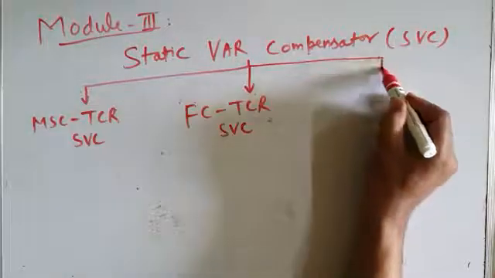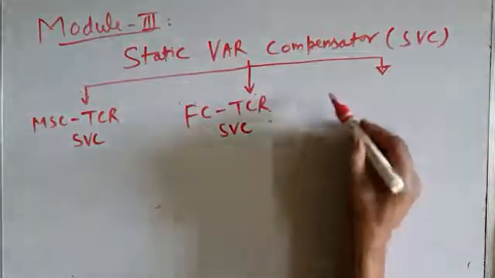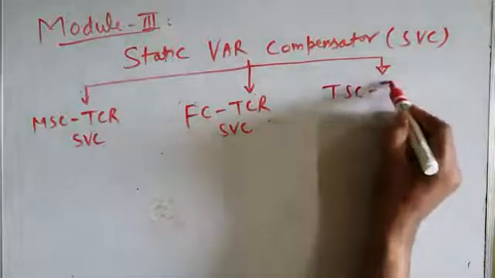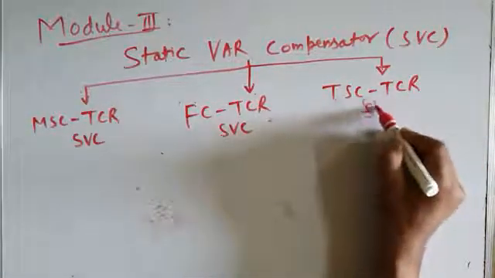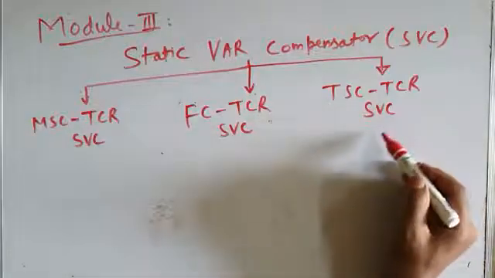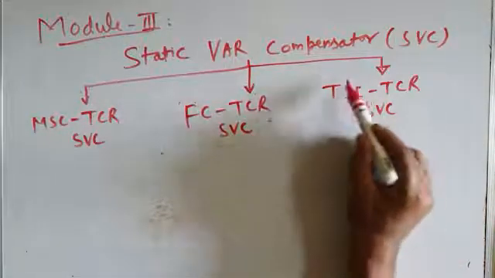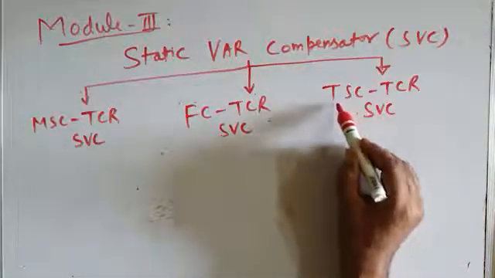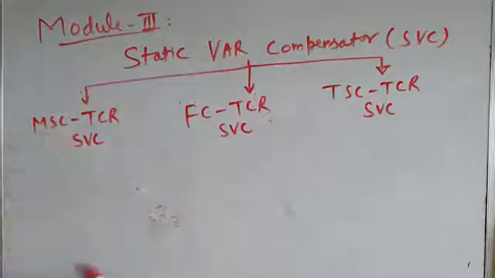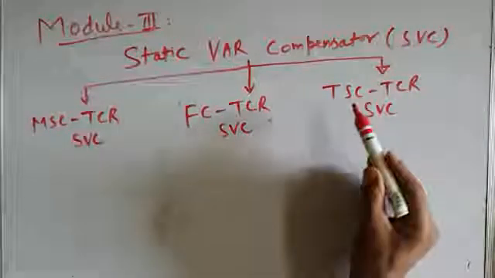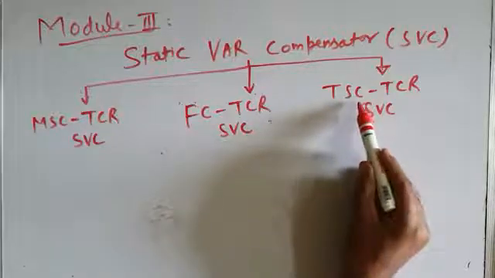And the third and most important type of SVC is the TSC, TCR type SVC. In the TSC, TCR type SVC, the capacitor bank is electronically switched. Instead of using a mechanically switched capacitor bank or a fixed capacitor bank, we are using a thyristor switched capacitor bank, TSC.